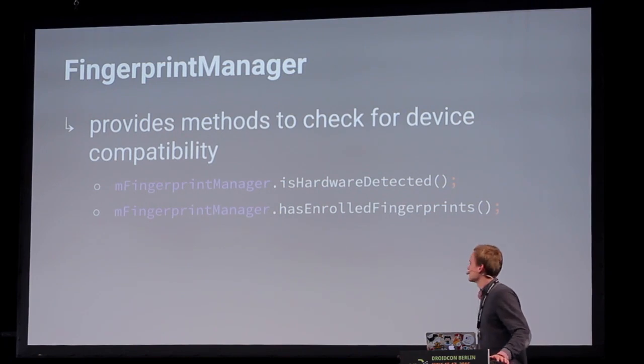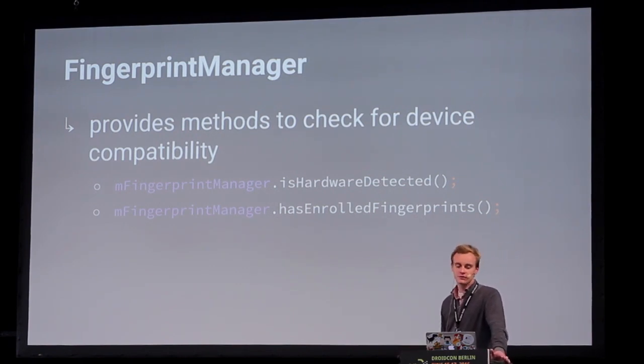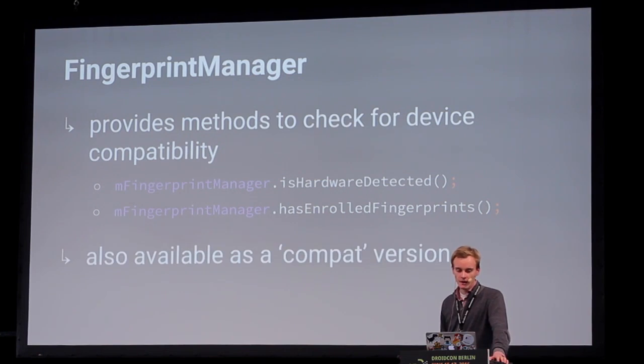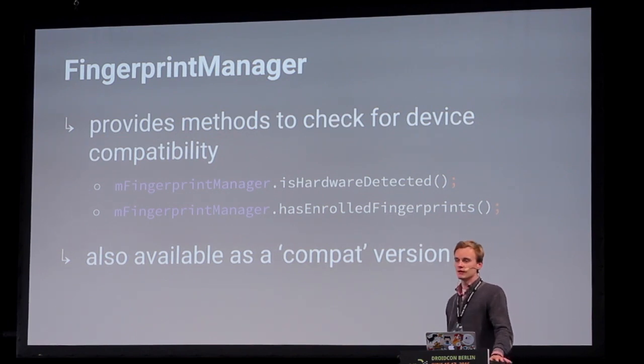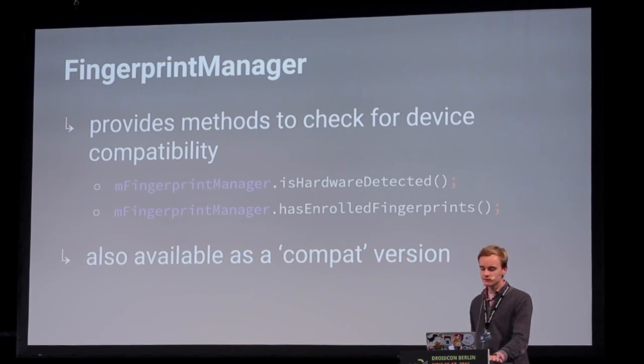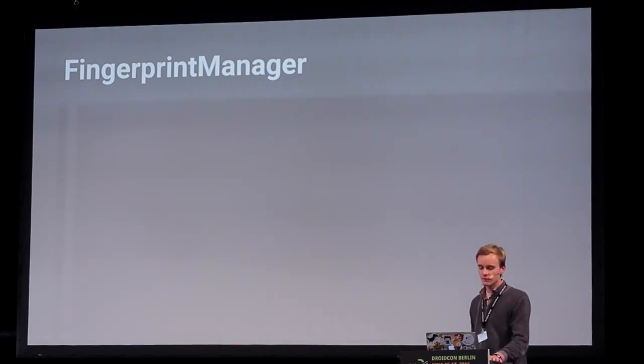Or when the device doesn't have fingerprints or a fingerprint sensor, then you can say, yeah, unfortunately you don't have it, but you could also use the lock screen approach there. And this class is also available as a compat version. So if you're running Android API level 22 or 21, you could use the compat class. And then it says, yeah, there's no fingerprint manager or fingerprint reading available because the API level is below 23. So yeah, the FingerprintManager.